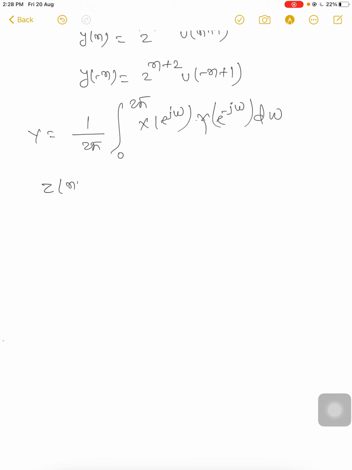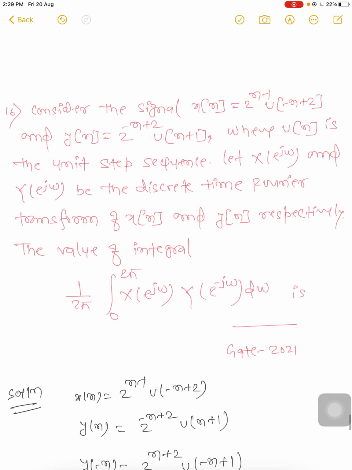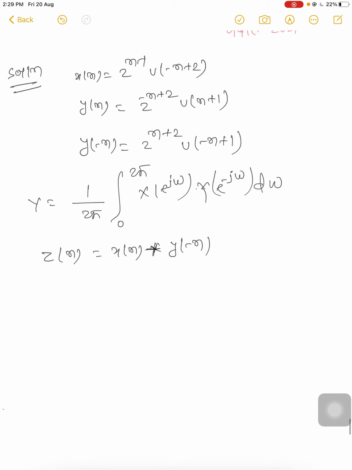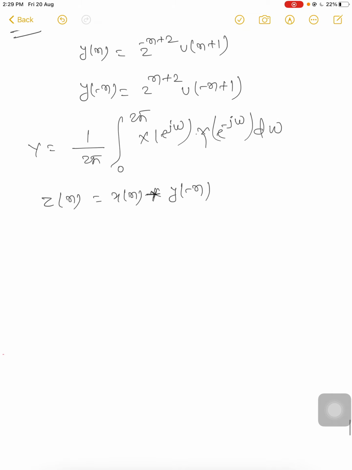Let's check it. Then what will happen? z[n] will be x[n] convolved with y[-n], because X and Y are the discrete time Fourier transforms of x and y respectively.